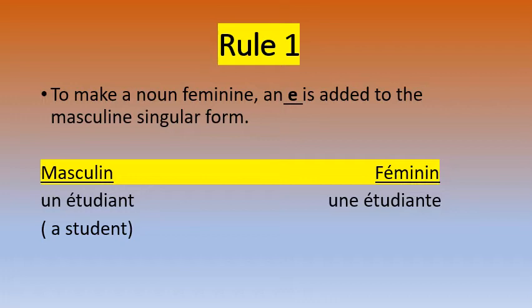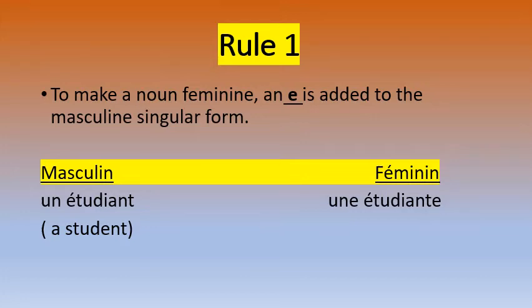The first rule says when you have to make a noun feminine, you add an E to the masculine singular form. Let us see. Here we have mascula, that is the masculine gender, or we call it the male gender. And then we have the femina, that is the feminine gender or the female gender. So I have taken one example for you over here. It is un étudiant.